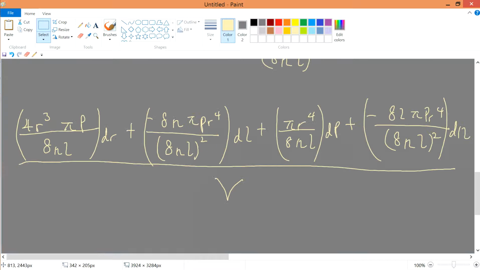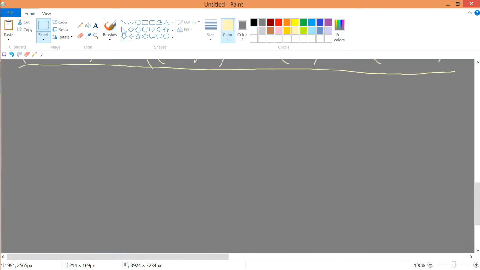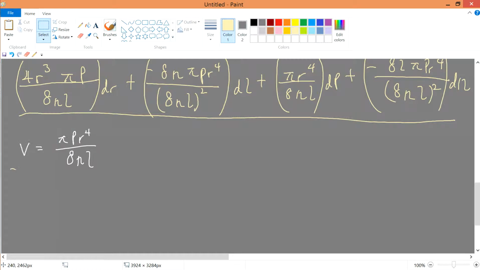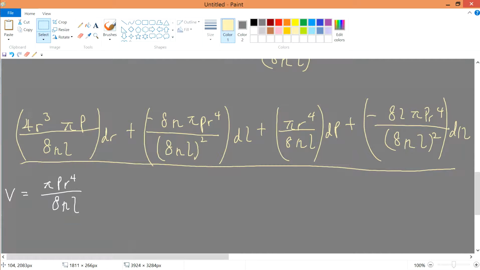So each of the terms, I'll just put it below. Because v is equal to this term, and individually if you know the rules of divisions and stuff like that, it's very simple. But also for simplicity's sake, I'll just put it over here.